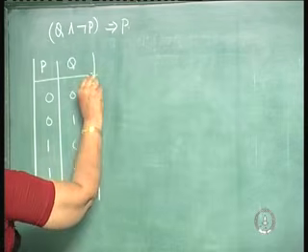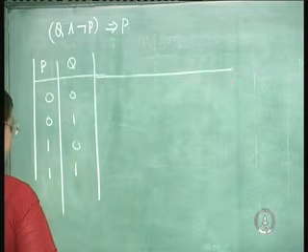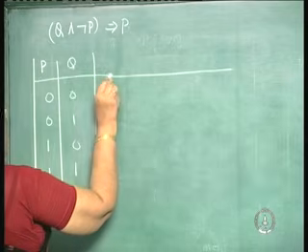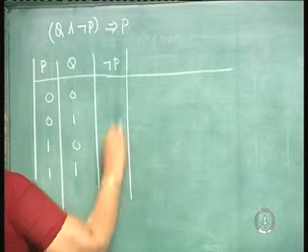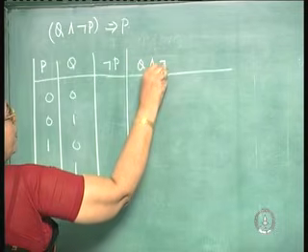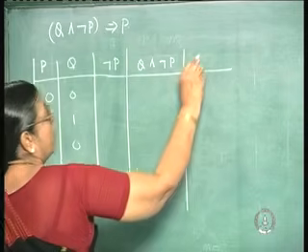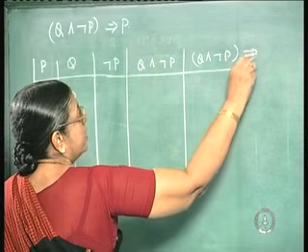Then not P, then Q and not P, then the whole expression Q and not P implies P.